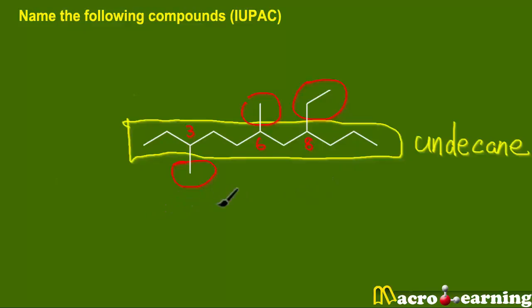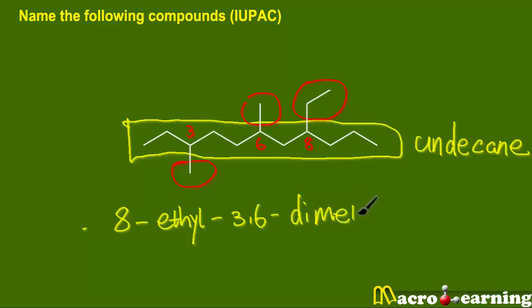And there we are. It's 8-ethyl. Ethyl goes in front because alphabetically it's got a higher priority than methyl again. So 8-ethyl. Now what do we call 2 methyl groups? We put them together. 3,6 with the prefix di, right?